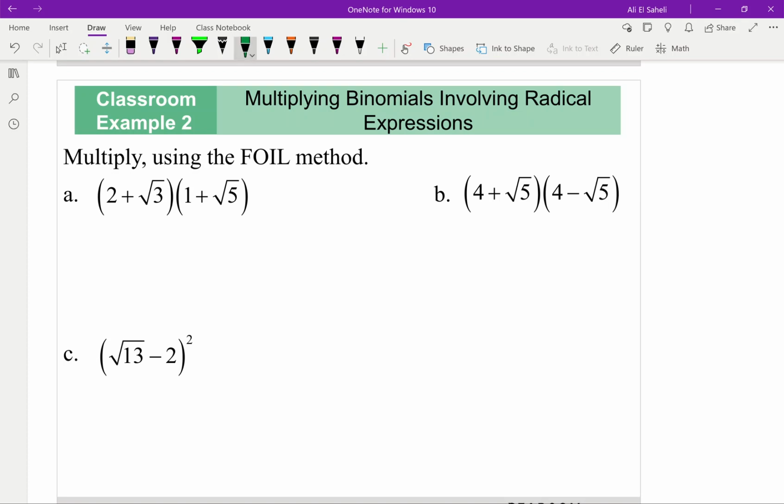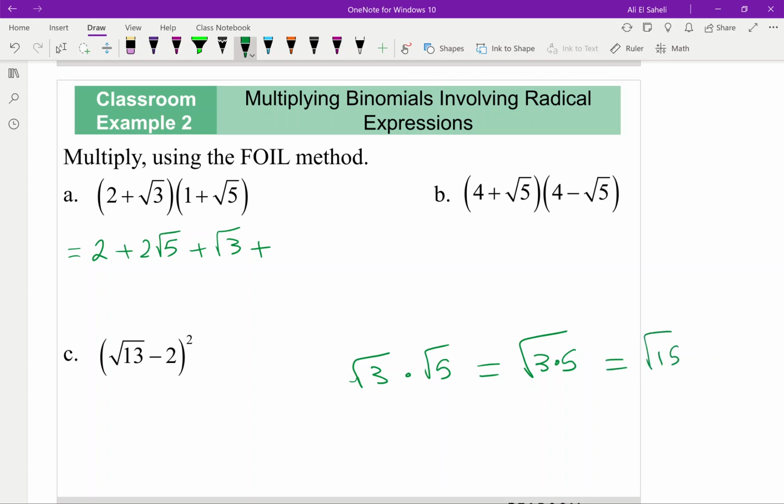So 2 times 1, 2 times radical 5, radical 3 times 1, and radical 3 times radical 5 is radical 3 times 5, which is radical 15. This is radical 15.